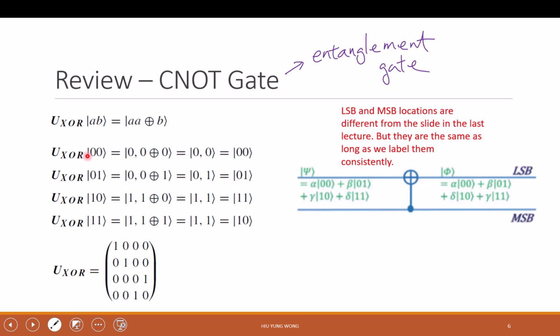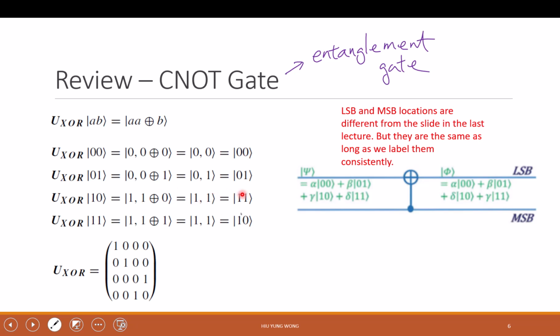Right? So you see that it does nothing to the state when the first qubit is 0. So 0, 0 is still 0, 0, and 0, 1 is still 0, 1. But what if it is 1, 0? The first qubit doesn't change, still 1. But the second qubit is A exclusive or B. Here there is one 1, so it becomes 1.